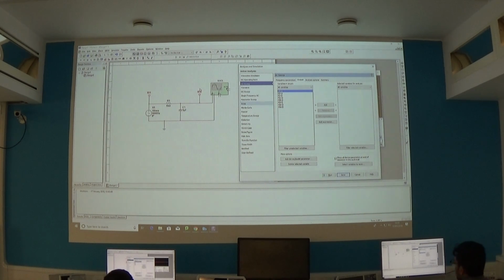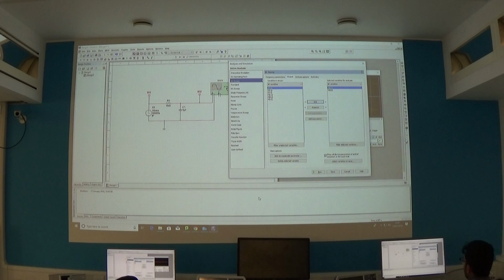Well, why do you think I placed these pads? Because that's what I'm interested in. So I'm going to click on V at IO1 and click Add. And you notice it's disappeared from the left-hand side and it's now on the right-hand side. Can you see that? I'm going to do the same for the voltage at IO2. I'm going to select it, and press Add, and it appears on the right-hand side. Okay, I'm happy with that so far.